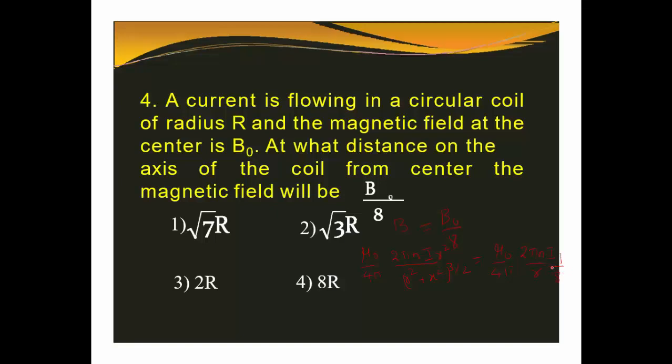So mu naught by 4 pi, 2 pi n I, all cancel. What is left here? You can see it is r square divided by r square plus x square raised to 3 by 2, and it is equal to 1 by 8, 1 by r. This much is left on this side.